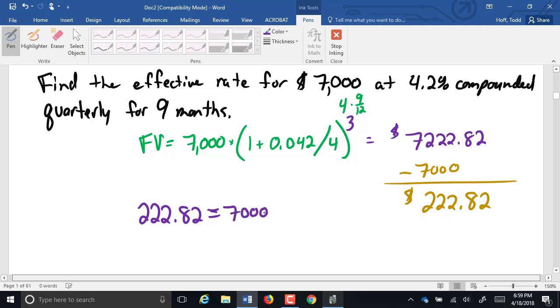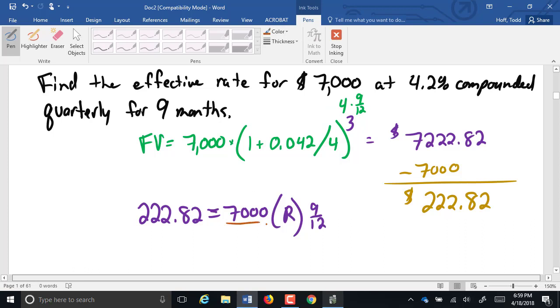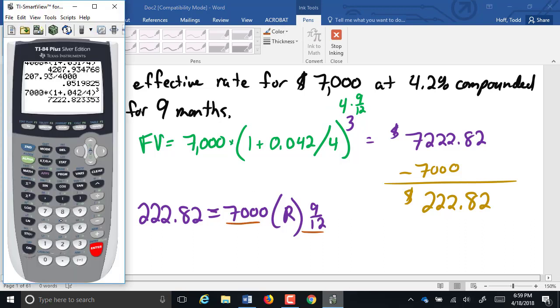Principal was $7,000. We are looking for R, and now we do have to consider the time is 9 months, so 9/12. So we do have to start out by combining the 7,000 times 9/12. So 5250.